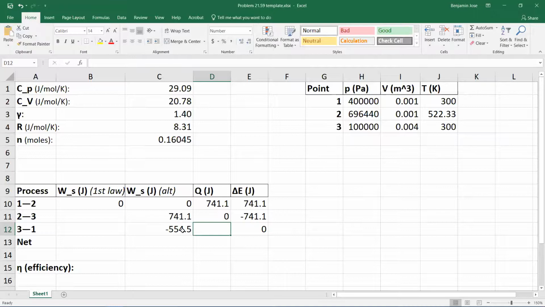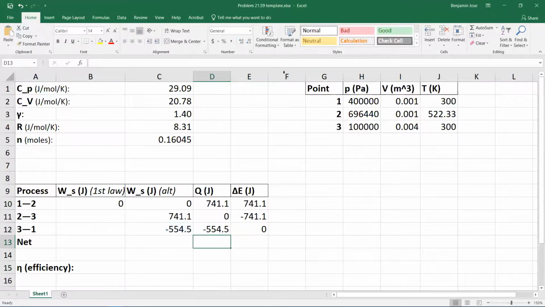You're putting energy into it by doing work on it, and that energy is just going right out the back door in the form of heat. So this heat would have to be equal to Ws. Now it's the negative of the work done on the gas, right? I just said we do positive work on the gas, but the heat flows out, so it's negative. But the negative of the work done on the gas is the work done by the system. So we just set them equal to each other.